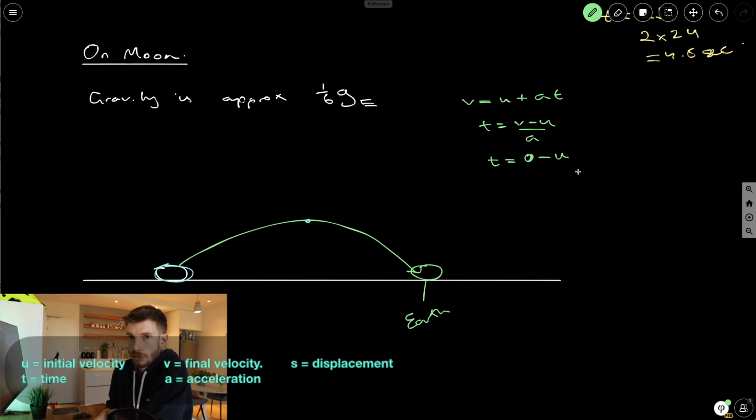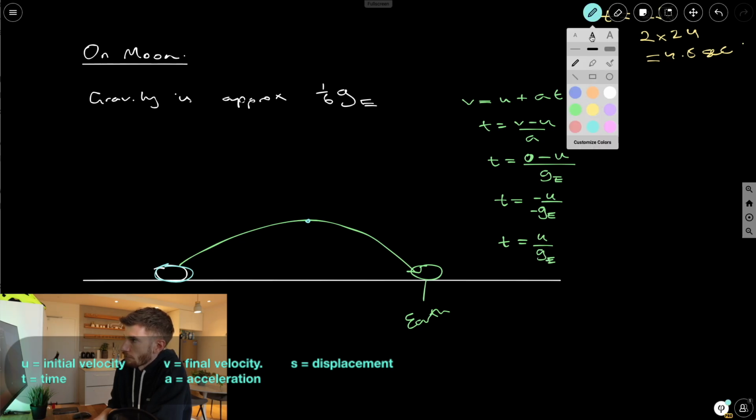We're not even going to put numbers in, because u should be the same for both on Earth and on the moon. And here a is going to be g of Earth. So we end up with t is equal to negative u over g of Earth. And remember, g of Earth would be negative in this case as well, right? So maybe we'll put a negative in like that. So therefore the time is this ratio of u divided by g.